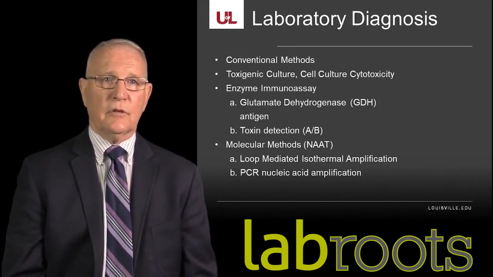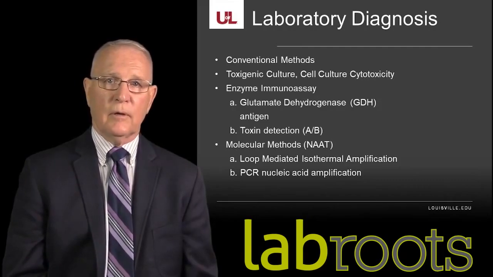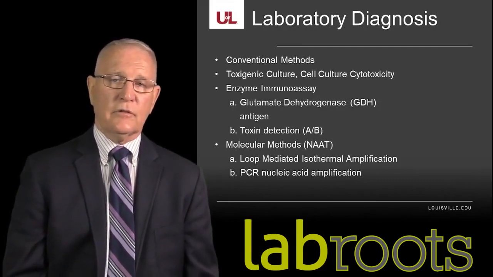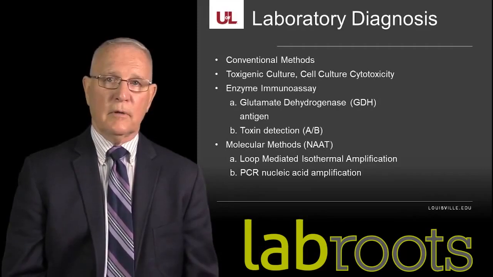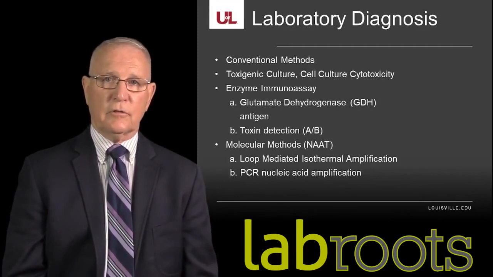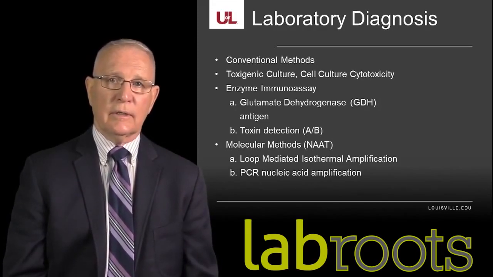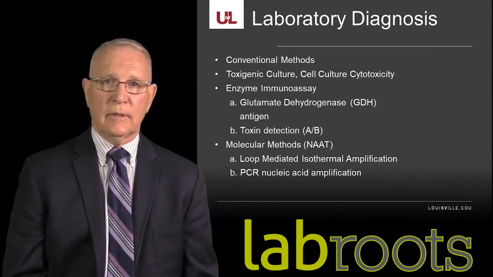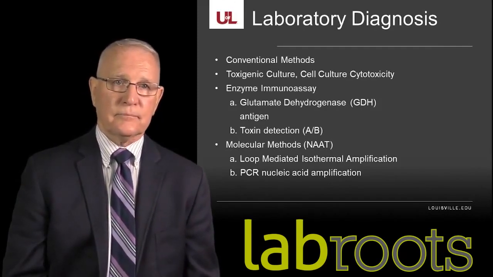Then we have the enzyme immunoassay designed to detect toxin, once again primarily toxin B. Toxin A may be there, but it's toxin B that is the most responsible virulence factor in causing the disease. Toxin A is essentially a secretory toxin which allows the entry of toxin B into the mucosal lining and can then promote the activity of toxin B in producing active infectious diarrhea.